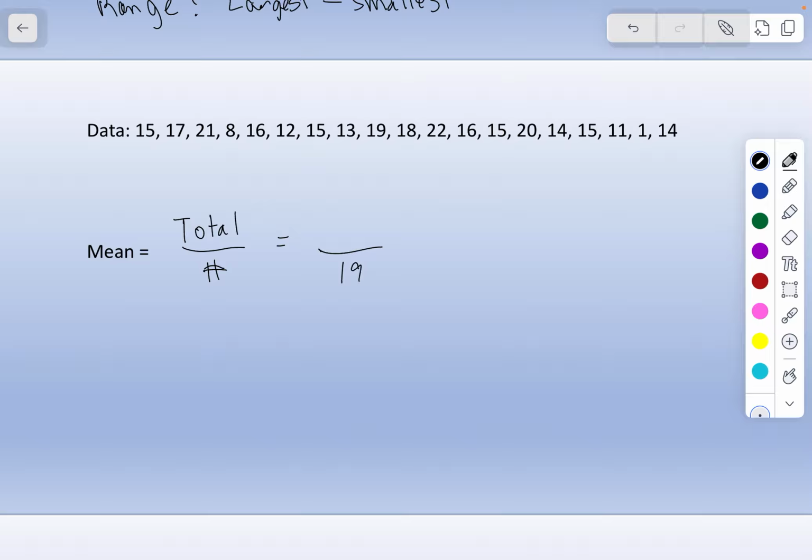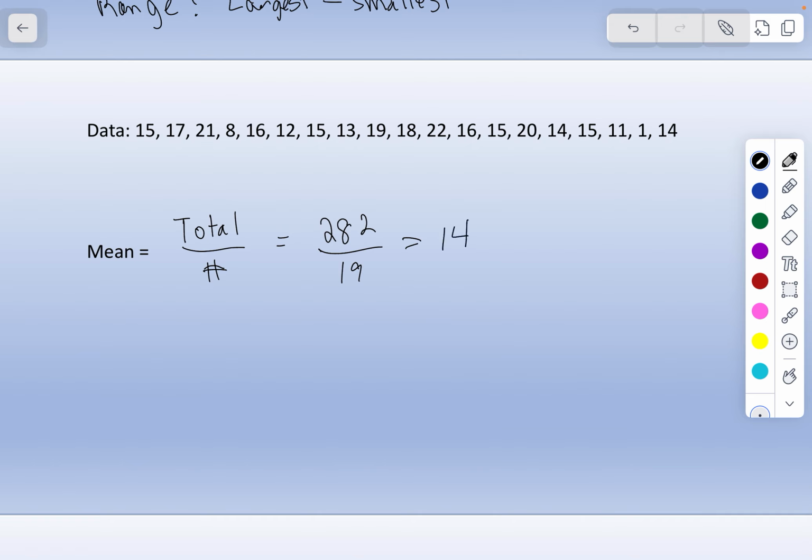If we total up these items, give me a minute here. If I total them correctly, it's a total of 282 divided by 19.